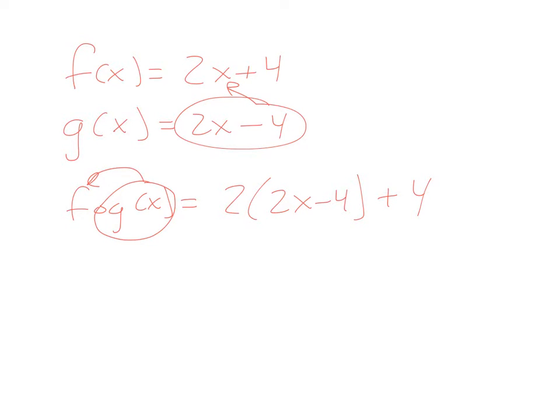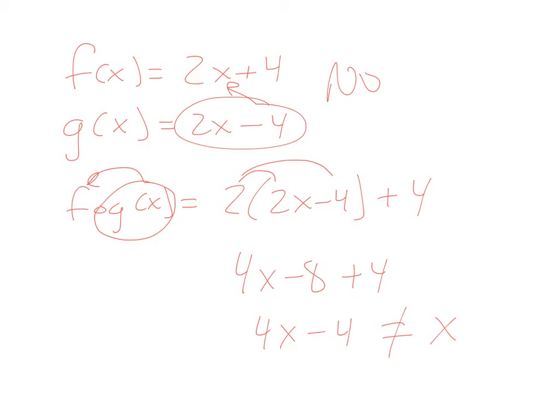We want to just simplify, simplify, simplify until we're done. So 2 times 2x and 2 times 4 would be 4x minus 8 plus 4. So 4x minus 4. And since that's as far as I can simplify, and that does not equal x, then we realize that these are not inverses of each other.